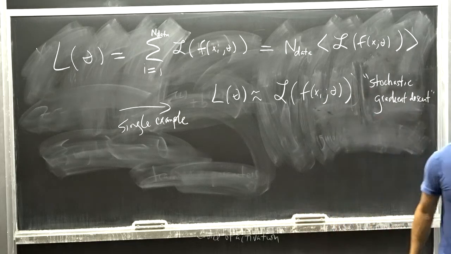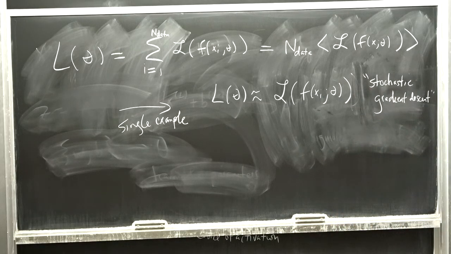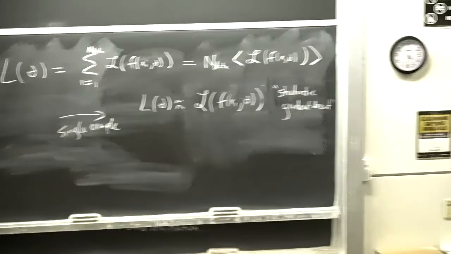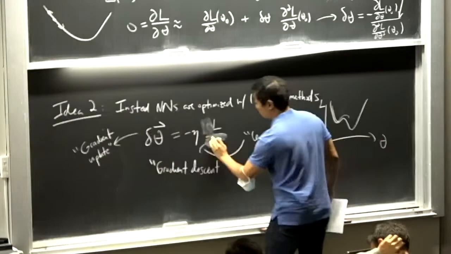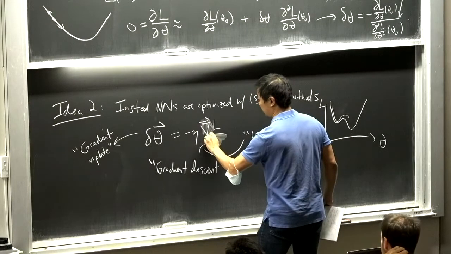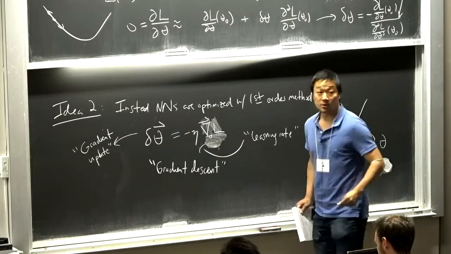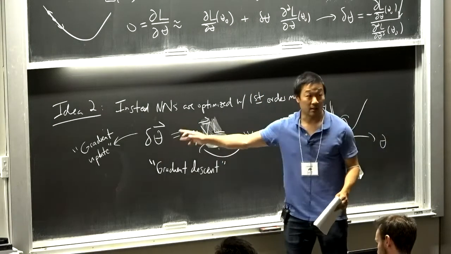Yeah? This just tells you what the loss function is, right? Do you calculate the gradient by varying each theta individually? This is a vector of thetas, and this is the gradient with respect to theta. The update happens to all the thetas at once.